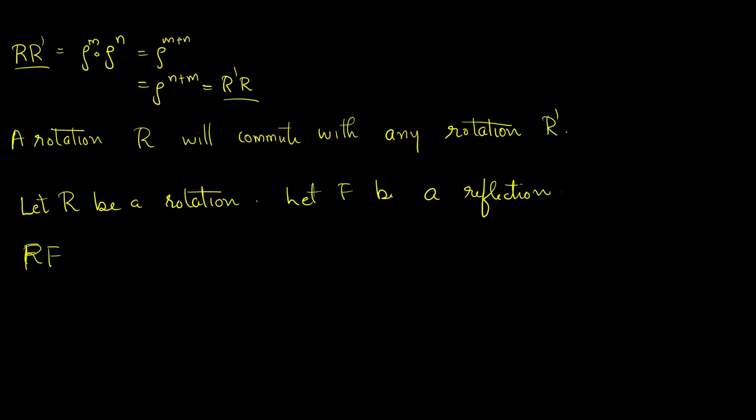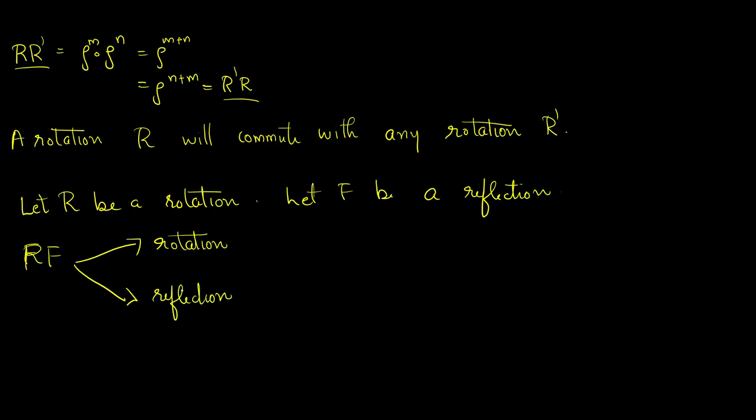Now we know that Dn is a group, so it is closed, so RF will be an element in Dn. But RF can be a rotation or it can be a reflection. At this moment we don't know, right? It has to be either a rotation or a reflection.